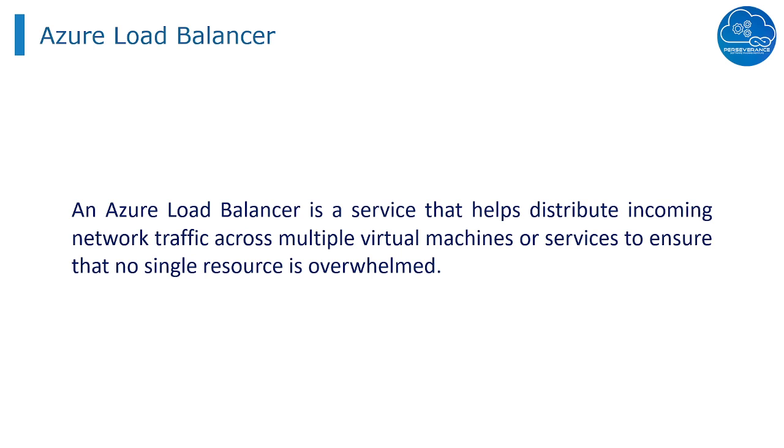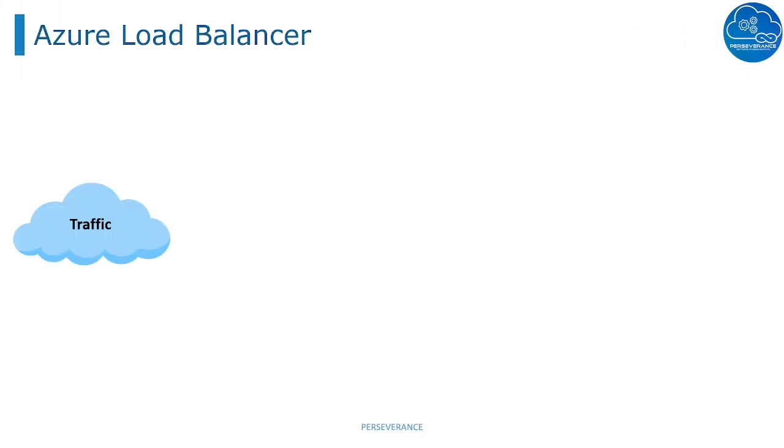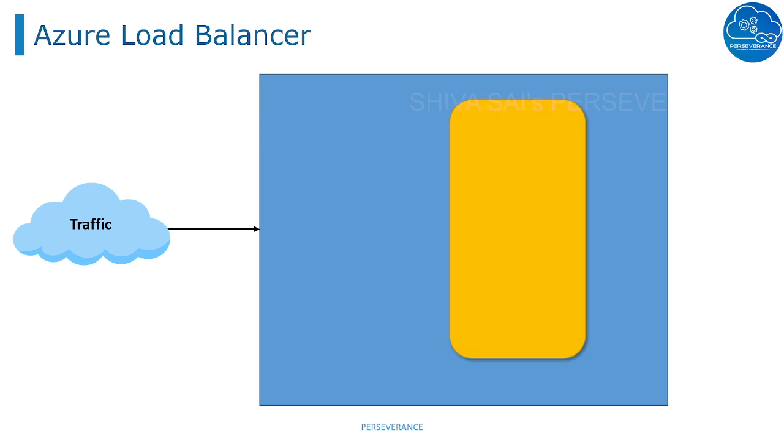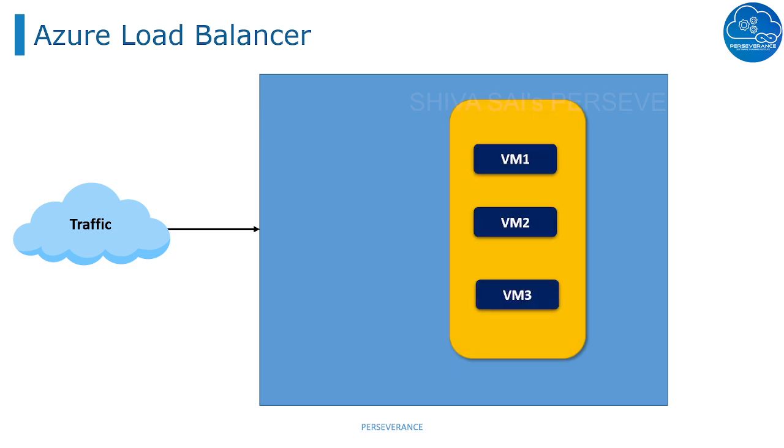All right. So instead of going through this particular text, let me show this via image firstly. The external traffic comes, for example, to shivasaiperseverance.com, where the students or anybody on the internet reach. When they request something, consider our application is hosted in all these three machines.